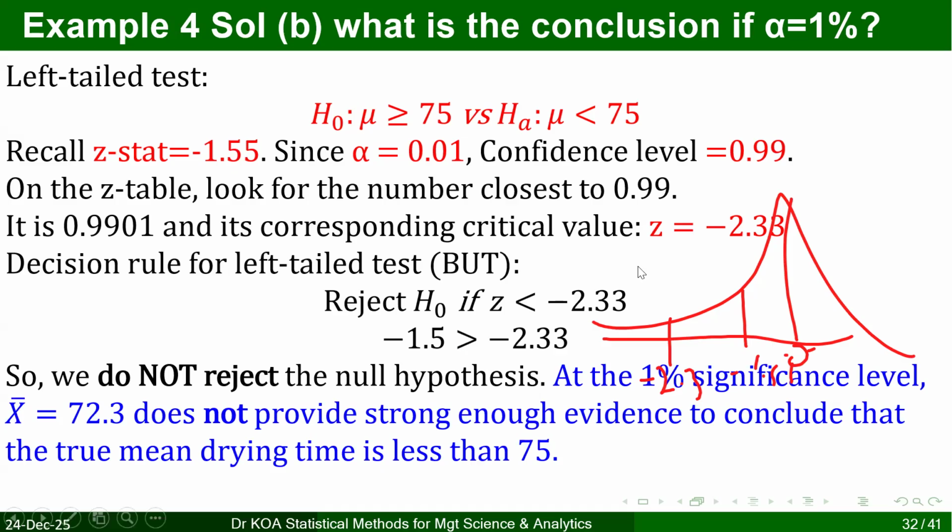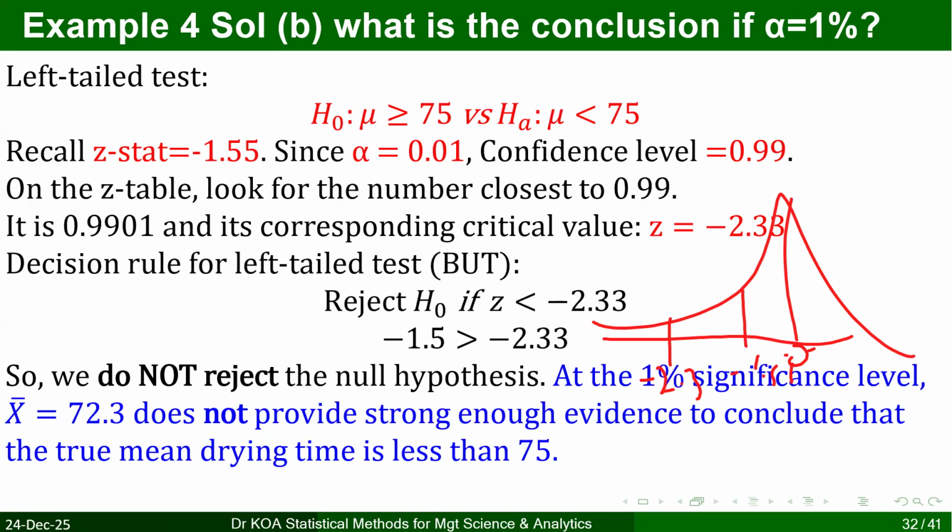So at 1% significance level, you can conclude that that 72 is below, truly below, sorry, is it below? That 72. Okay. Yeah. Okay, so we said that the 72 doesn't provide enough evidence to conclude that the true mean drying time is less than 75.